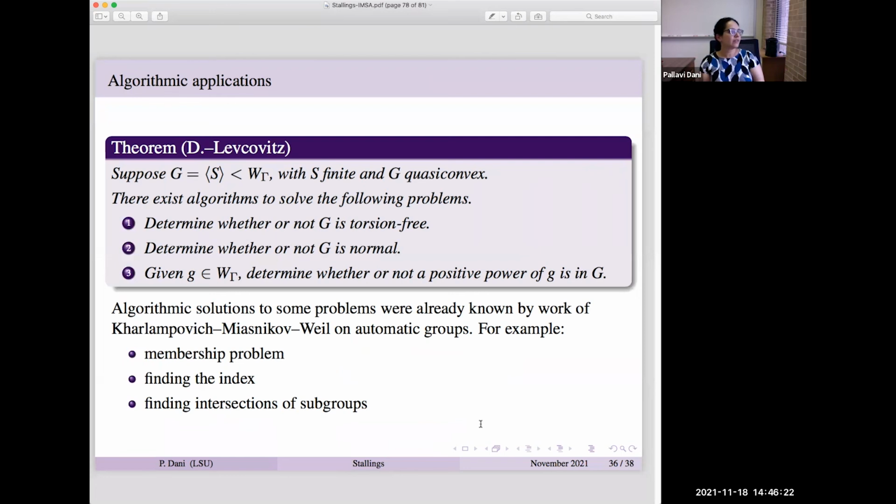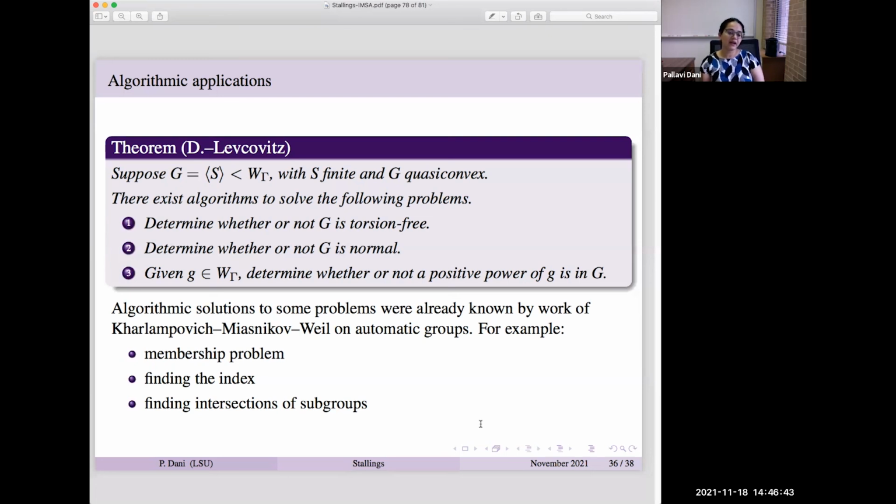Then that tells you that the corresponding completion is finite by what we proved. And so once you have a finite completion, then any other property that you can characterize can be algorithmically detected because you have this finite completion. So you just have to check finitely many things.